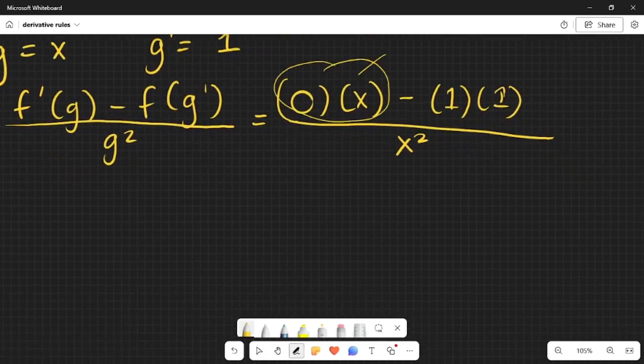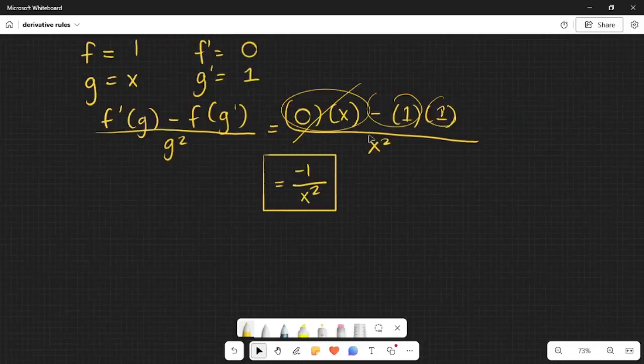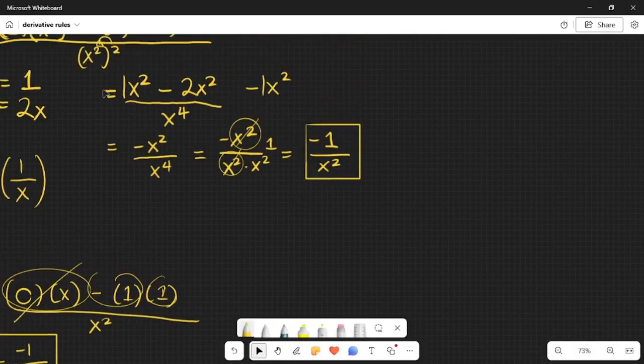Simplifying this, we can just cancel, and then negative 1 times 1 is negative 1 over the denominator, which is x squared. It gives the same answer as the previous one.